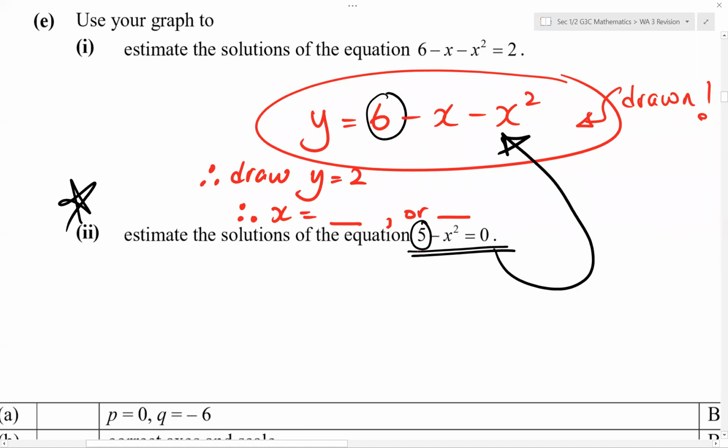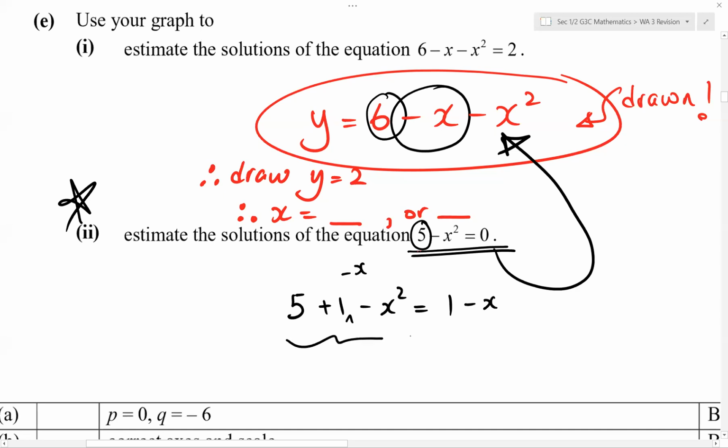In order to make the 5 become a 6, you need to plus 1. 5 plus 1 minus x squared equals 1. In order to make them the same, I need to force out a negative x. So I'm going to include a minus x and minus x. Now on the left hand side, we have 6 minus x squared equals 1 minus x.